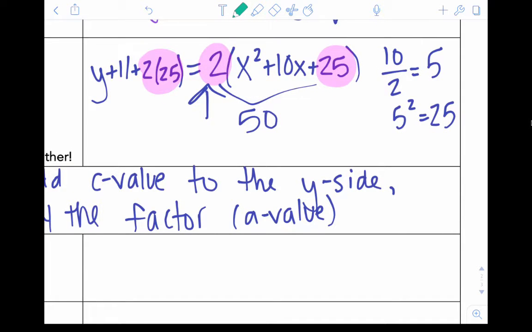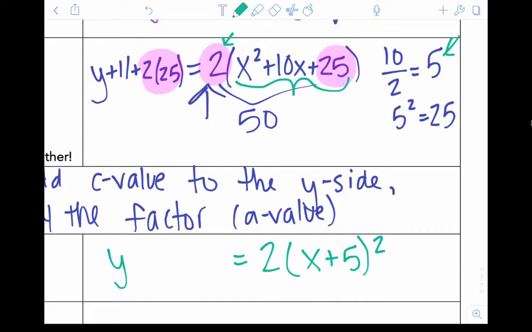So I'm going to take the x squared plus 10x plus 25 and write that as x plus, using this number here, x plus 5 squared. Now I have the 2 out front, and then this is equal to y plus 11 plus 50, which is actually y plus 61.